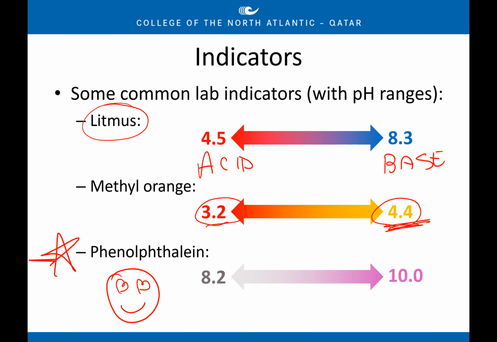You used it in 1120. You used it in 1121, at least in the equilibrium lab, and maybe last week. So this is the classic indicator. Phenolphthalein is colorless below 8.2, and a beautiful bright pink above 10.